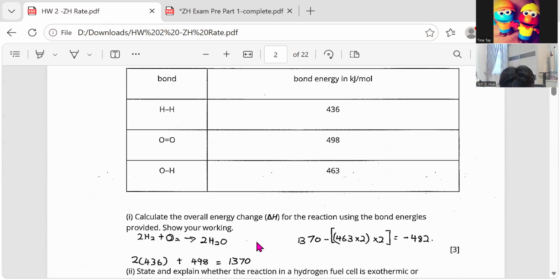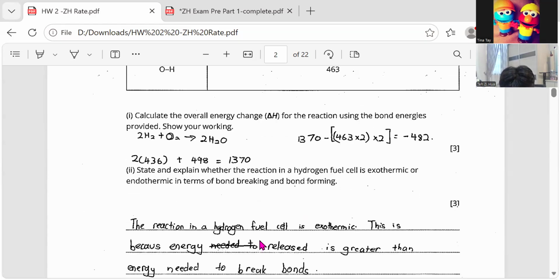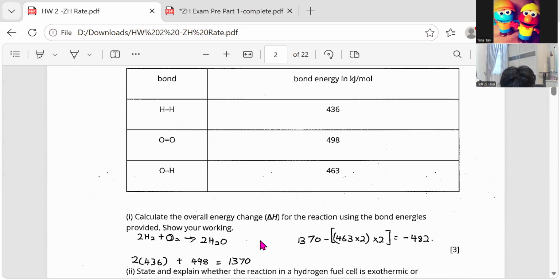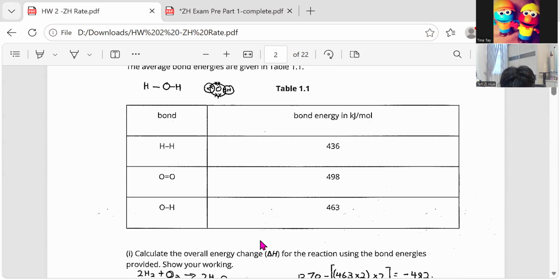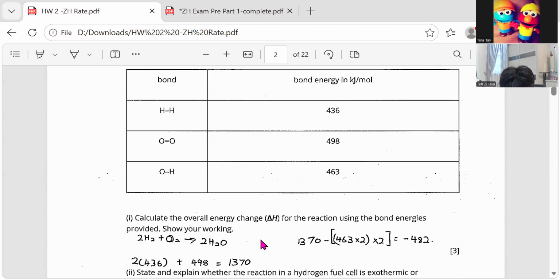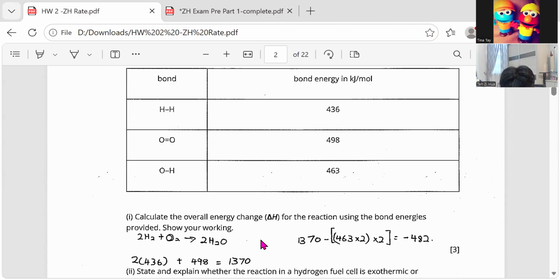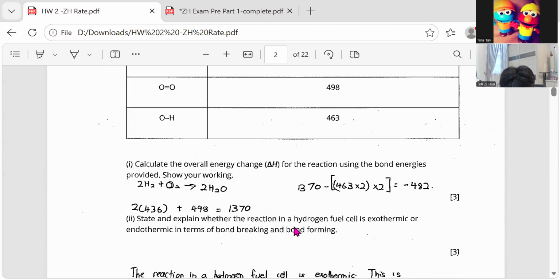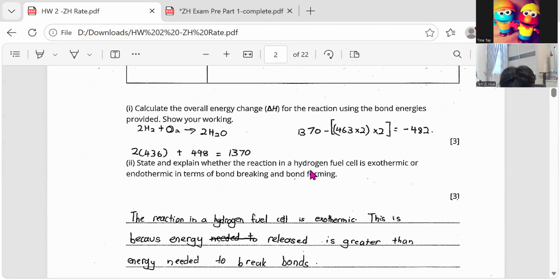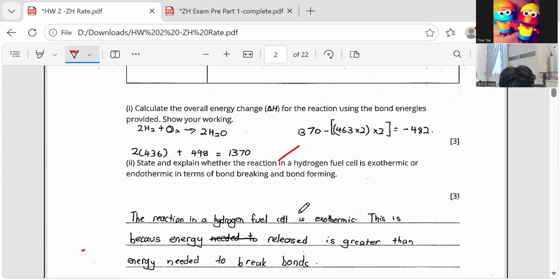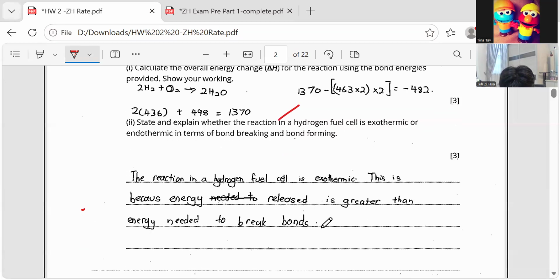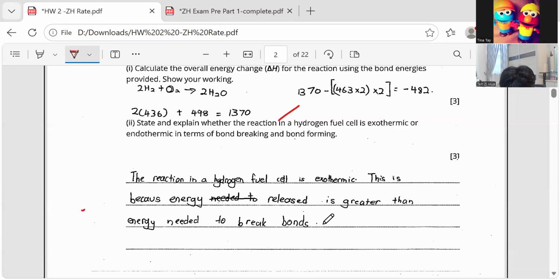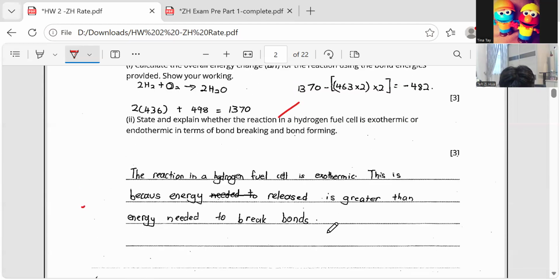Calculate overall energy using the energy bonds. The reaction of a hydrogen fuel cell is exothermic. It's because energy release. Oh, your answer is not complete.